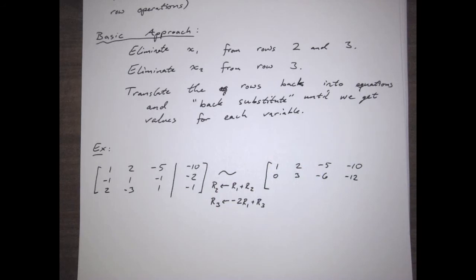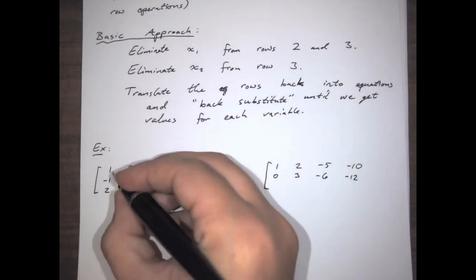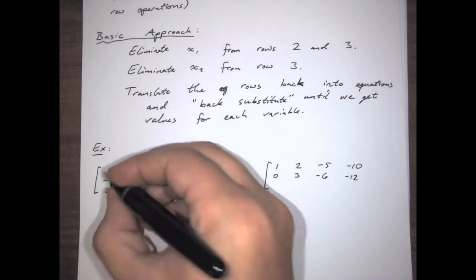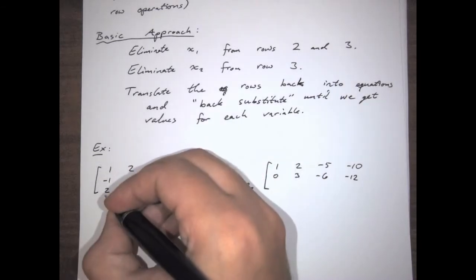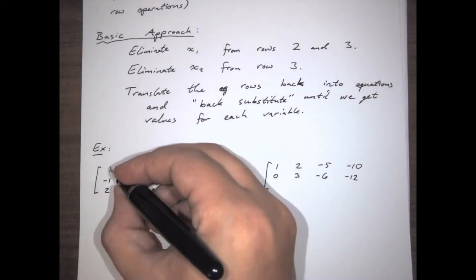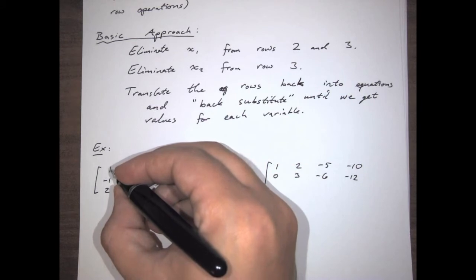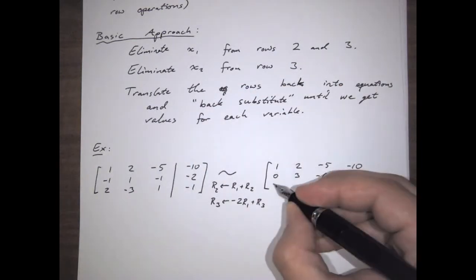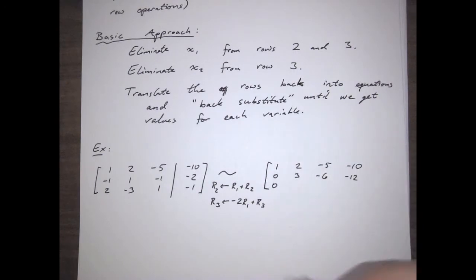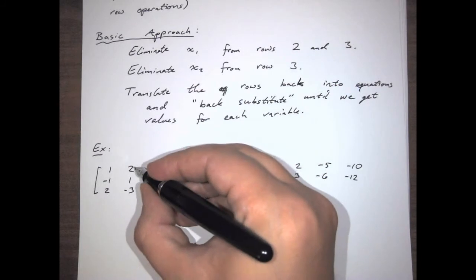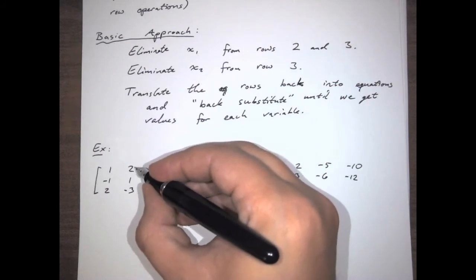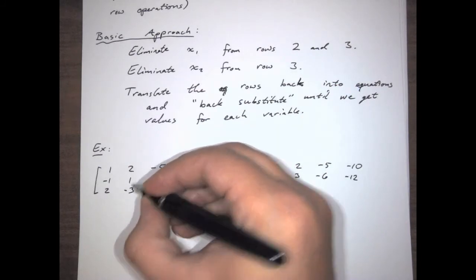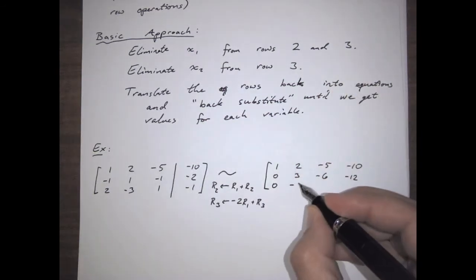And as for row 3, it's going to be -2 times row 1 plus row 3. So -2 times 1 makes negative 2 plus 2 equals 0. And that was the goal the whole time, to get a 0 there. Now let's see, negative 2 times 2 makes 4, plus negative 3 makes negative 7.